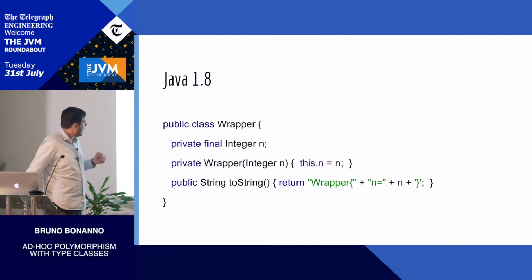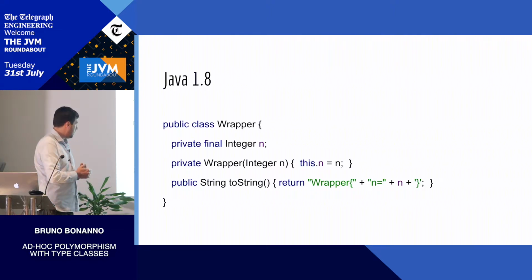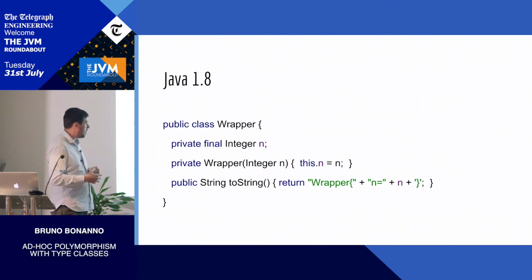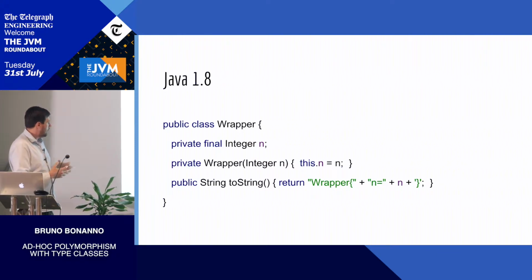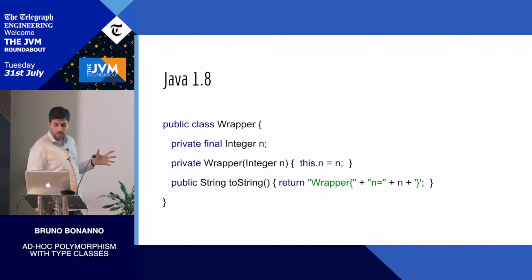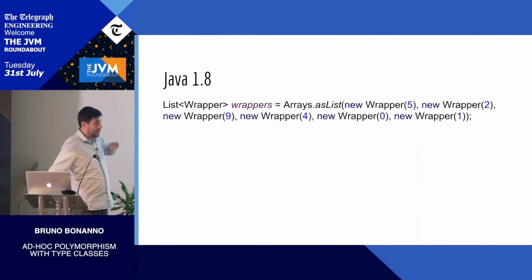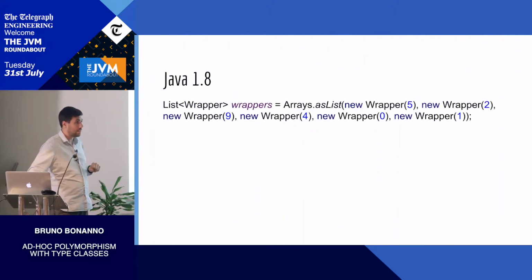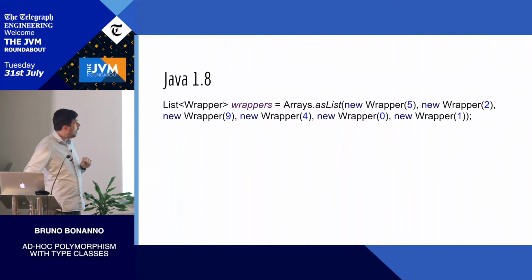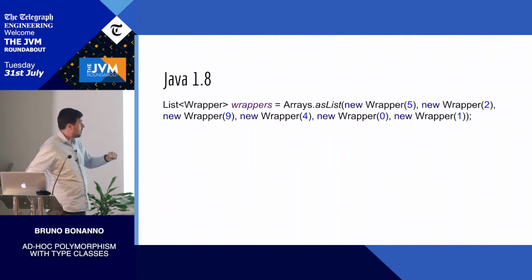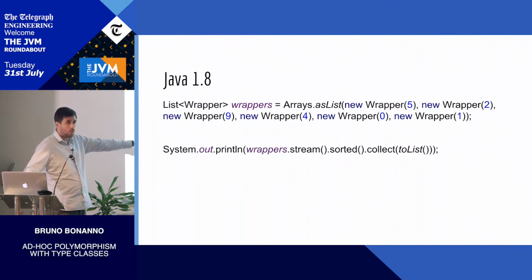Now, let's introduce this nice wrapper thingy that basically wraps an integer and does something not very important, but it's a custom type, right? So we have this list, which again has the exact same order as the previous ones. If we have this list, does this work?